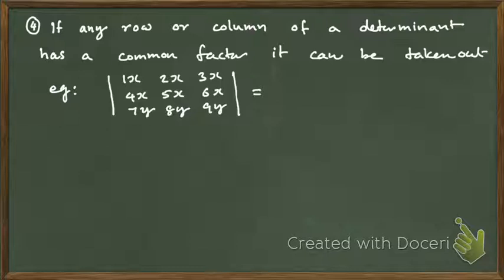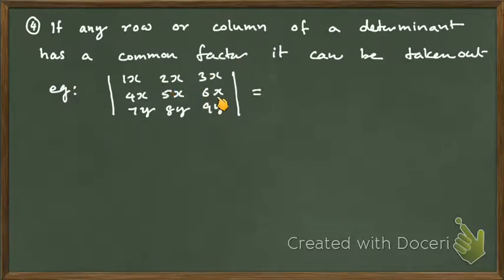But in a determinant, if a row has a common factor, it can be taken out. In this determinant, the first row has a common factor x, so it can come out. The second row has an x common everywhere, so it can come out. The third row has a y common, so it can come out.